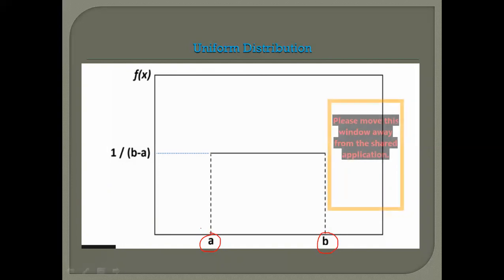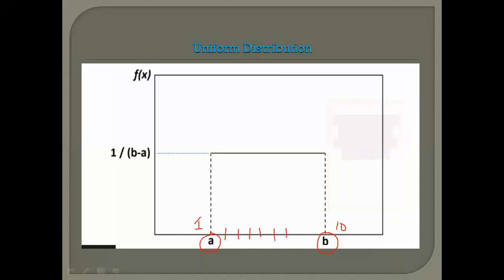For example, you generate some outcome, and let's say a process is generating numbers between 1 and 10. So this is 1 and this is 10. We can have number 2, 3, 4, 5, 6, 7, 8, 9, and 10.